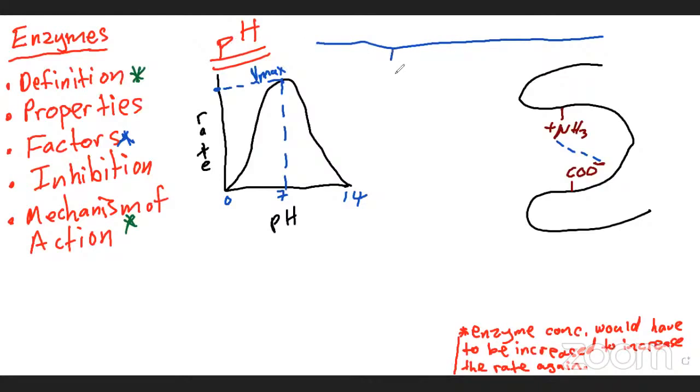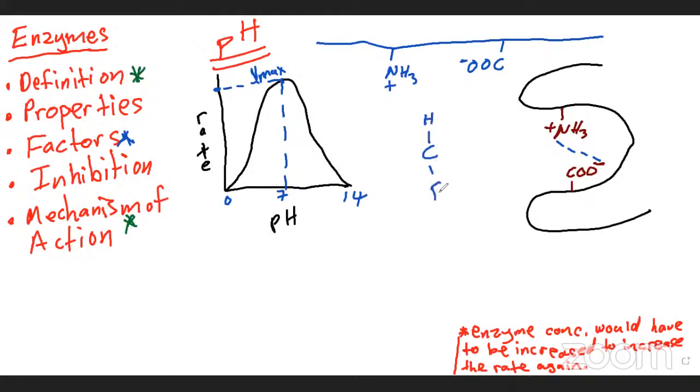So let me put NH3 here, positive, and let me put the COO minus here. So this is able to fold by the interaction between amino acid side chains. Because I want you to understand what is actually happening.